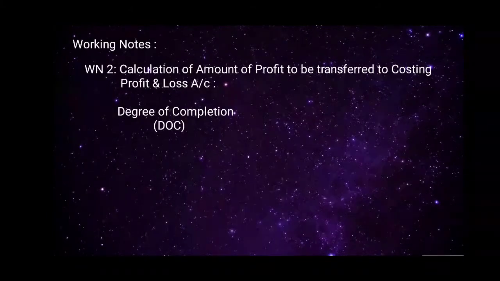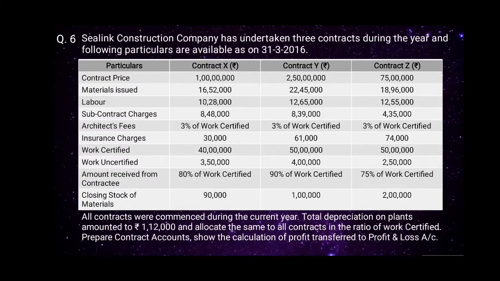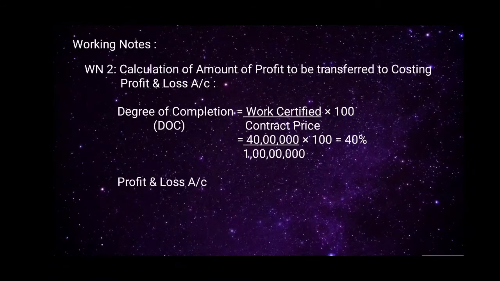So we'll calculate degree of completion, that is DOC, which is equal to work certified divided by contract price into 100. So work certified amount for contract X is given as 40 lakhs and contract price amount is 1 crore. So rupees 40 lakhs divided by rupees 1 crore into 100, which will be equal to 40%.